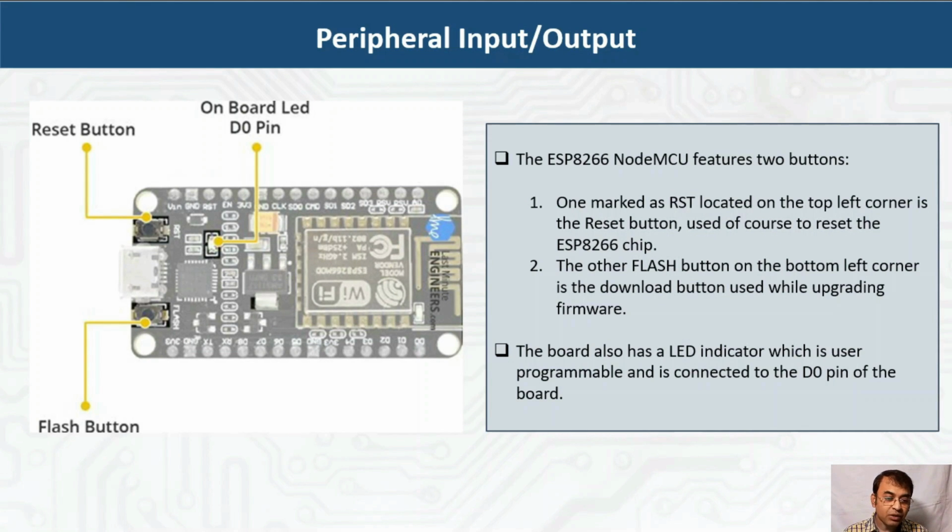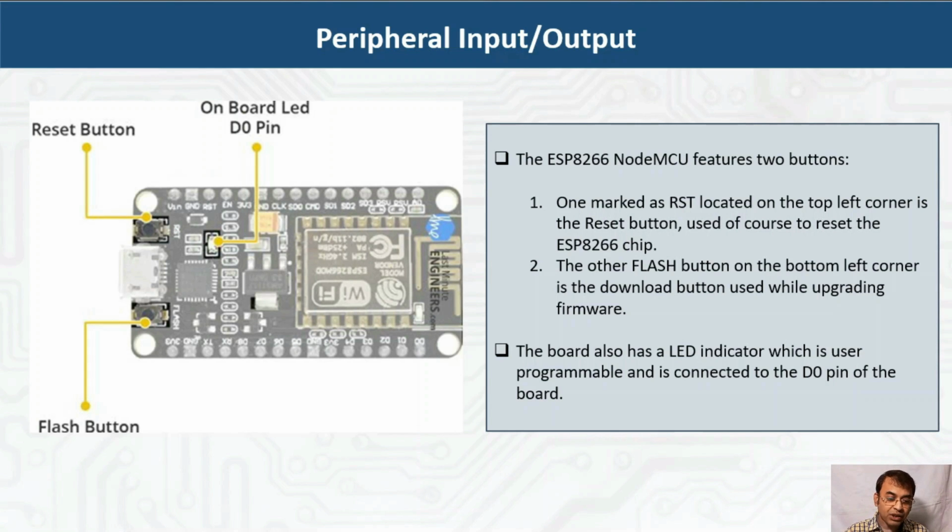The ESP8266 NodeMCU features two buttons. One marked as RST, located on the top left corner, is the reset button and is used, of course, to reset the ESP8266 chip.